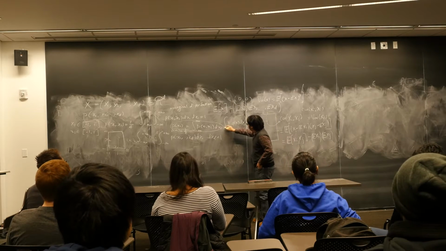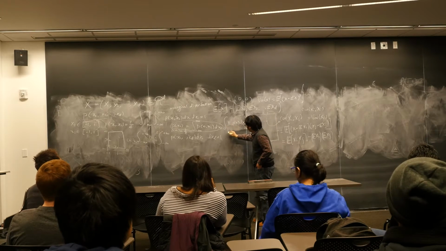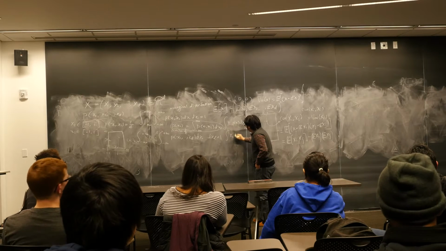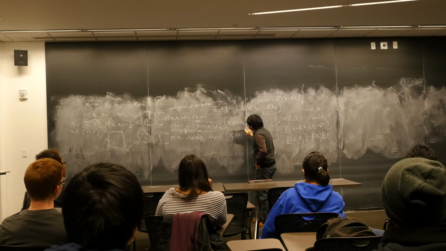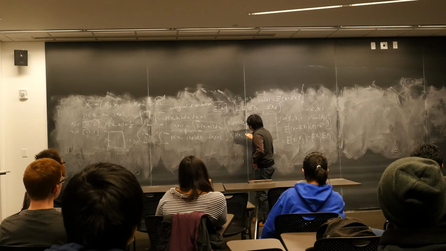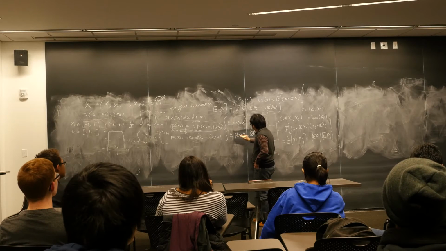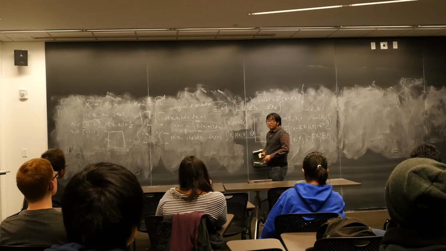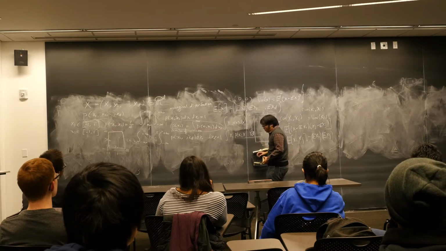If you evaluate this integration for xi, you integrate out all the other variables, and it will be the marginal distribution. So this is how it is.